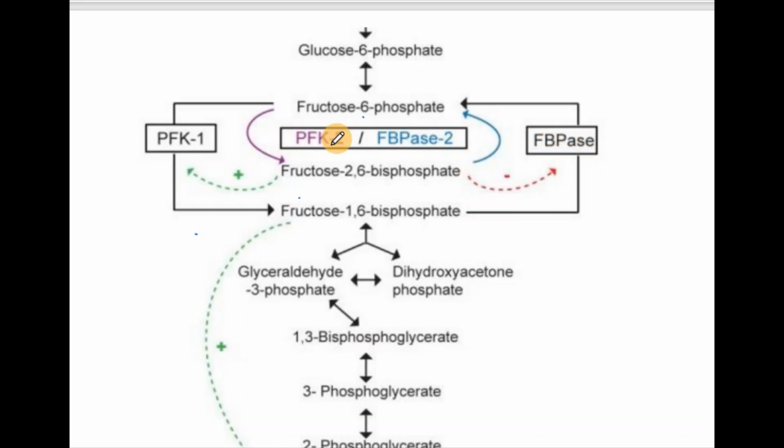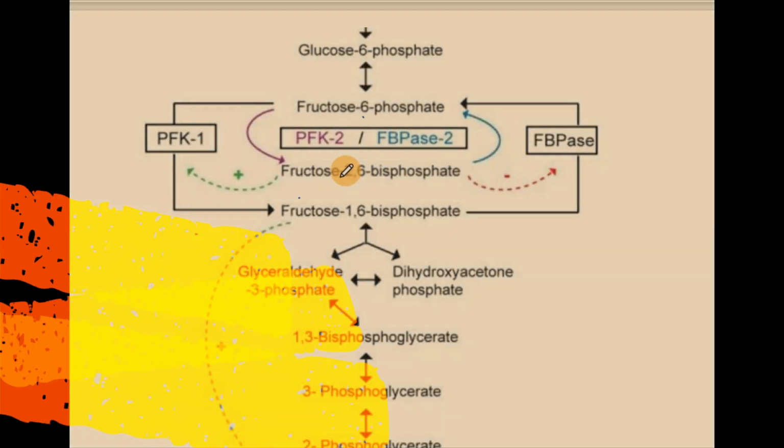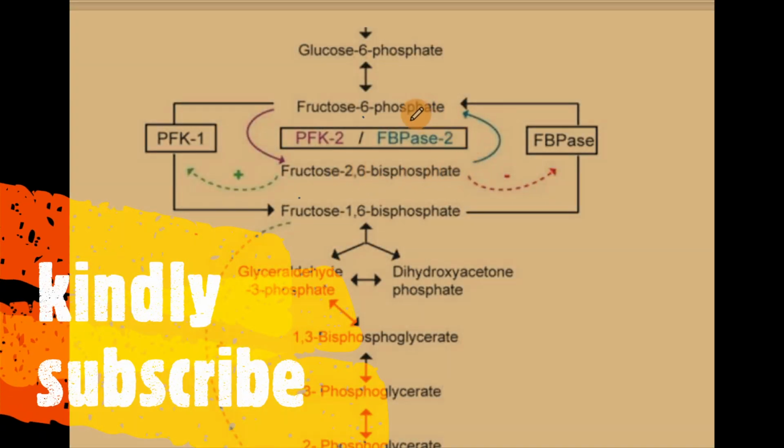So these two enzymes, PFK2 and fructose 2,6-bisphosphatase, are what we call bifunctional enzymes. When you have a high concentration of fructose 2,6-bisphosphatase, it will convert the fructose 2,6-bisphosphate back to fructose 6-phosphate. Therefore, we will not have any fructose 2,6-bisphosphate to activate PFK1.